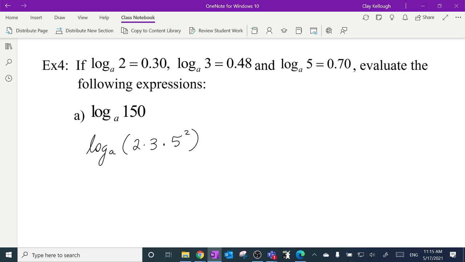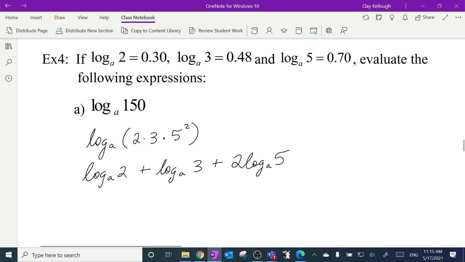So now, using my log laws, I can change this from a product to a sum. And this exponent becomes a coefficient. So I know that the log to the base a of 2 is 0.3. The log to the base a of 3 is 0.48. And the log to the base a of 5 is 0.7, but I have 2 of them.